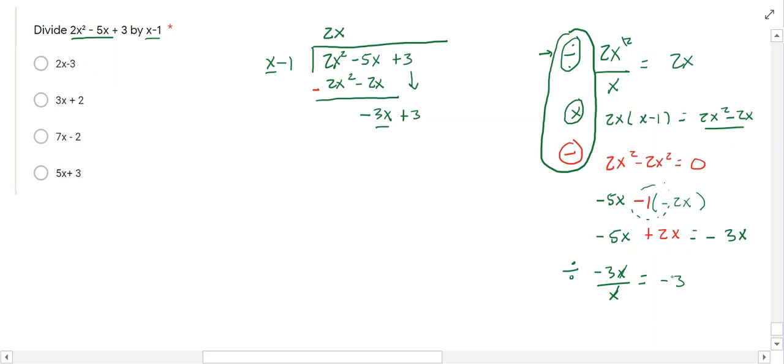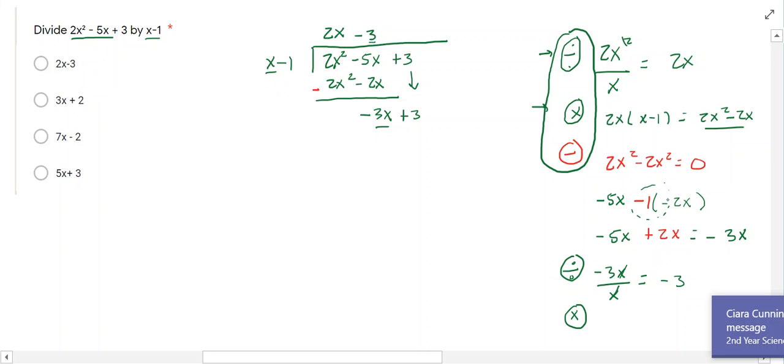And then this answer, you put it up here, so it's minus 3. That's the division phase. Then we have the multiplication phase. Again, we're just repeating this cycle, so we're multiplying this by the expression down here.